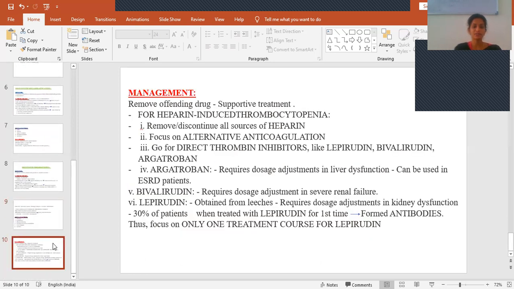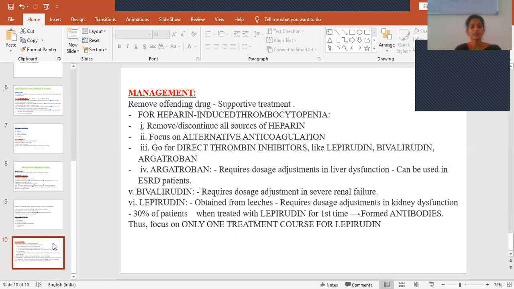And then coming to management. First we have to remove the offending drug, and then use supportive treatment. For heparin-induced thrombocytopenia, we have to remove or discontinue the source of heparin, and it is mandatory not to give heparin in that condition.